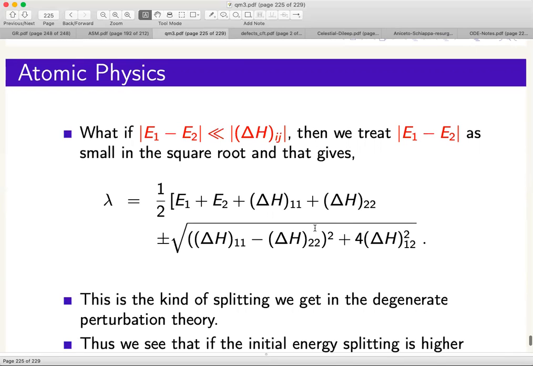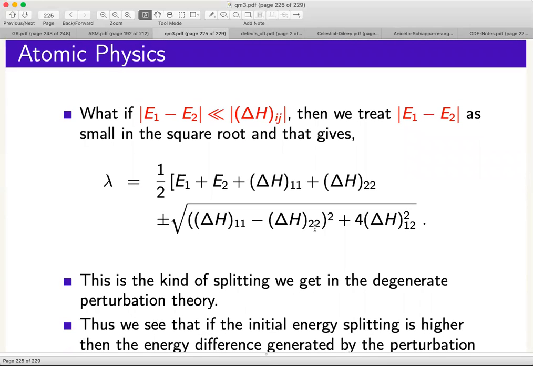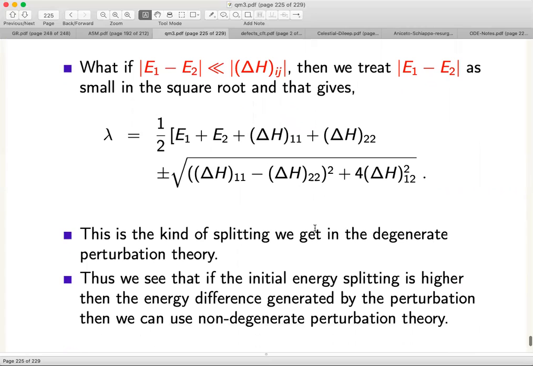Now, after having done this manipulation, you can actually appeal to physics and figure out why it is like this. And the answer is simple: if the initial energy splitting was large, which is like E1 minus E2 is very large, and if the perturbation effect is small compared to the energy splitting, then of course the problem was a non-degenerate perturbation theory problem. It is just that a priori you wouldn't know what the difference between E1 and E2 is, which you would say is large, and study a non-degenerate perturbation theory problem.